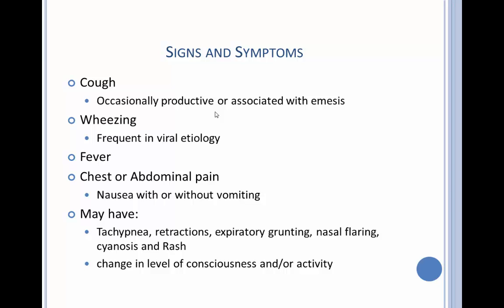Cough typically is productive in older children and adults, and dry in infants. Dyspnea usually is mild and exertional when the child is playing. The chest pain again is pleuritic in nature, mostly on inspiration and cough. But it could also be manifested as upper abdominal pain with nausea, with or without vomiting.